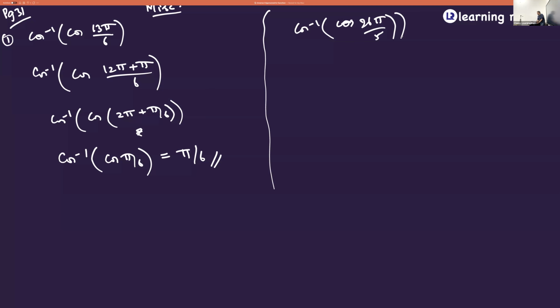Which quadrant is it? 5 pi plus. 4 pi plus is first quadrant, even multiples. Odd multiples of pi plus is third quadrant. Third quadrant, cos will be negative. Why 4 pi by 5? You're right, but why 4 pi?